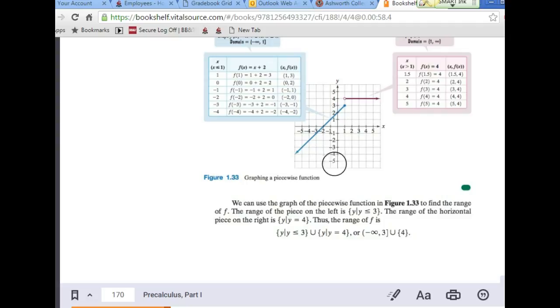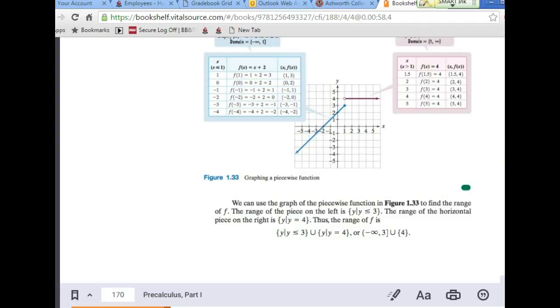Negative infinity is way down here, and then it keeps rising. And the highest point there is 3. So it's that, and then in union with 4. The range is also in conjunction with 4, since 4 stays flat.